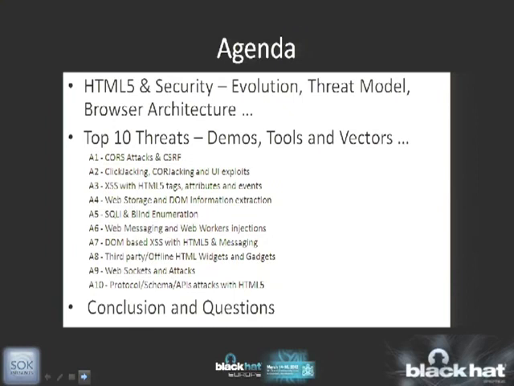But these are the 10 threats, which start with CORS attack and CSRF, clickjacking, CORS hijacking, XSS, web storage SQLi with blind enumeration, web messaging, DOM-based XSS, HTML5 and messaging systems, third-party offline HTML widgets, WebSocket and protocol, and then we'll conclude.